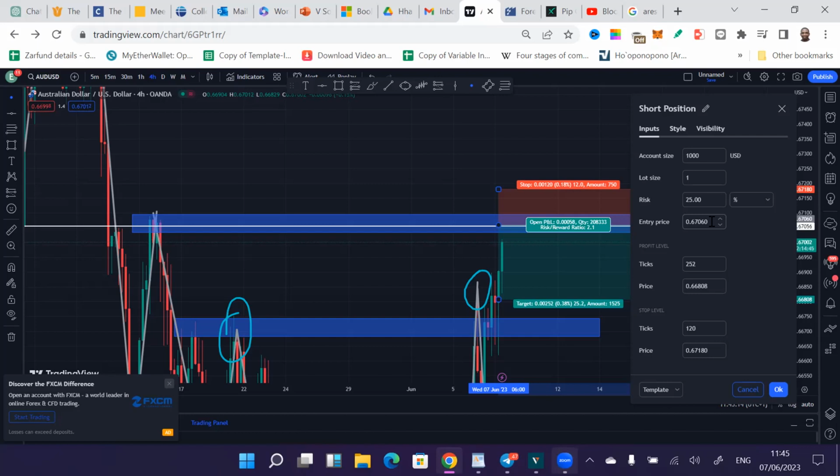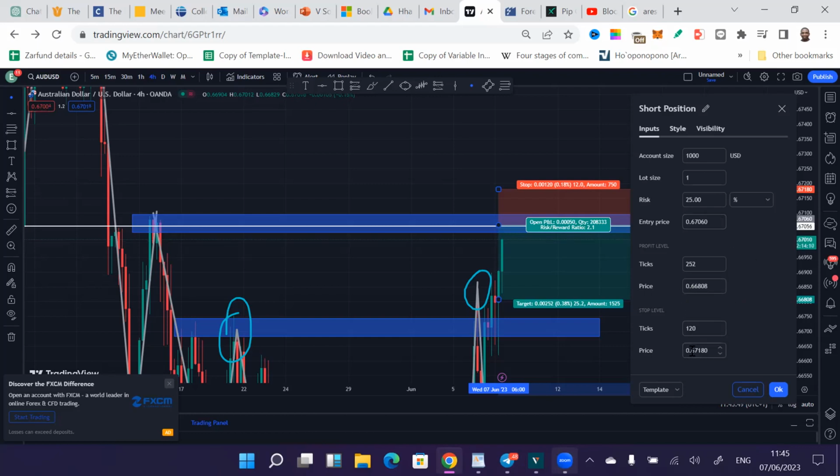Sell limit, right? So when you get a sell limit, where it says price, put this entry price here on the screen, 0.67060. When it asks for stop loss, look at the stop loss here.